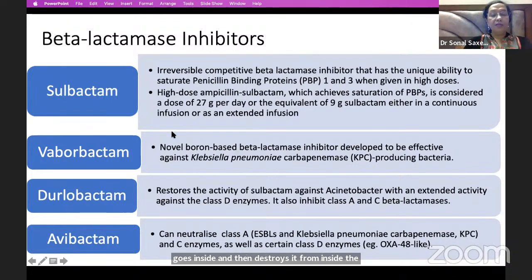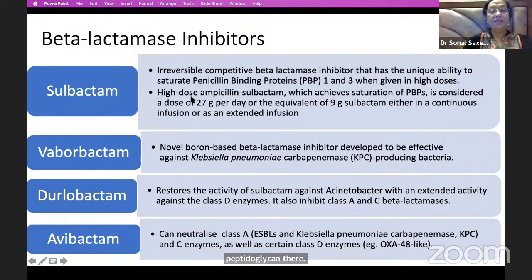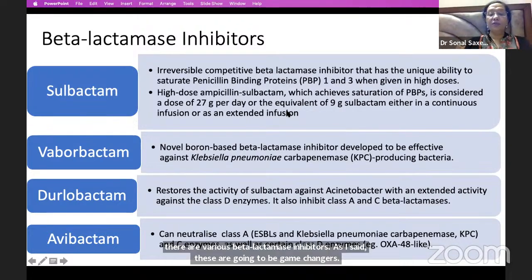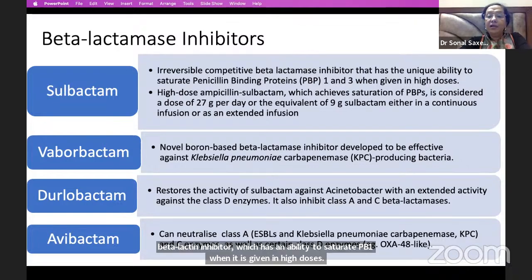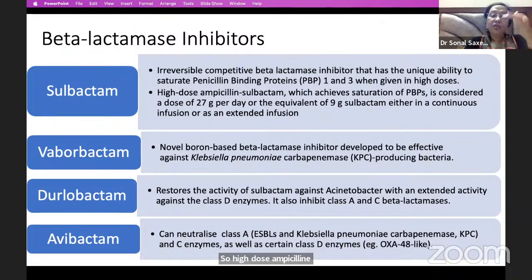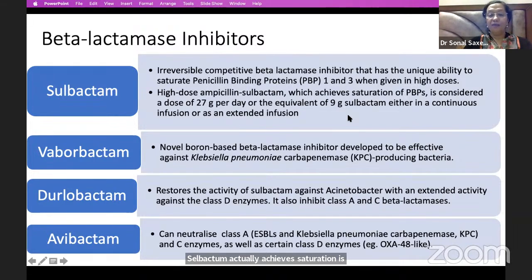Then there are various beta-lactamase inhibitors. As I said, these are going to be game changers. Sulbactam is actually an irreversible competitive beta-lactamase inhibitor which has an ability to saturate PBP1 when it is given in high doses. So high dose ampicillin-sulbactam, which achieves saturation, is considered 27 grams a day or 9 grams of sulbactam.